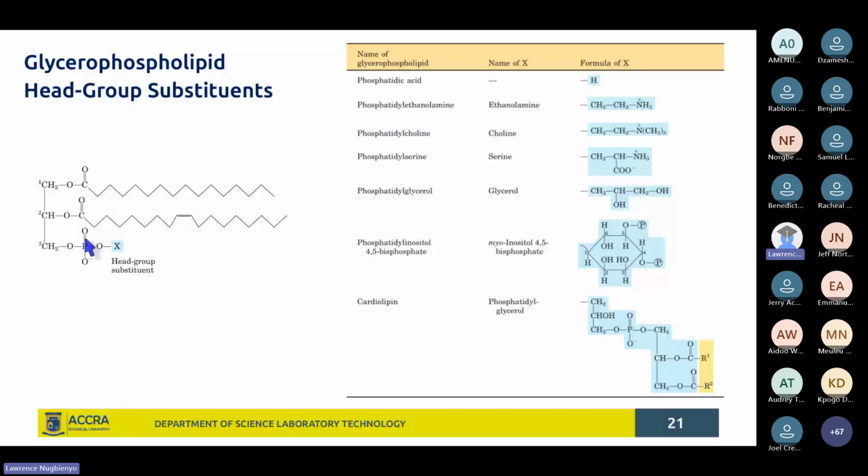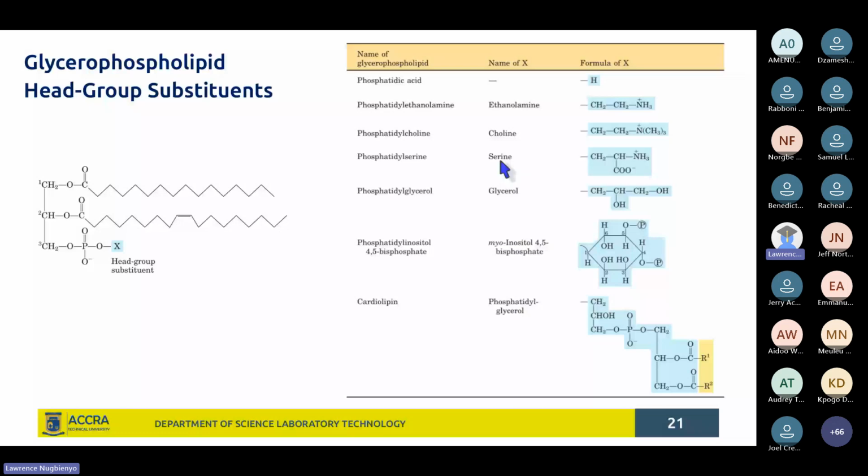And so you can have these lipid membranes being things like phosphatidyl ethanolamine, where ethanolamine comes in place of that X as a substituent. Similarly, you can have choline, which you find in phosphatidylcholine, and you see serine.